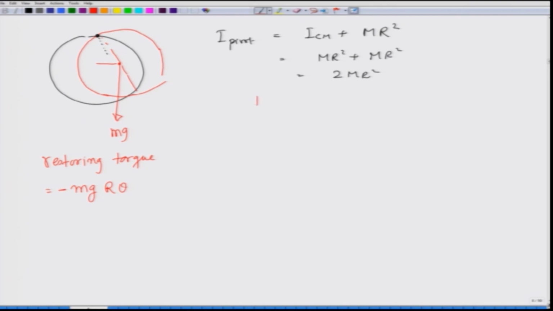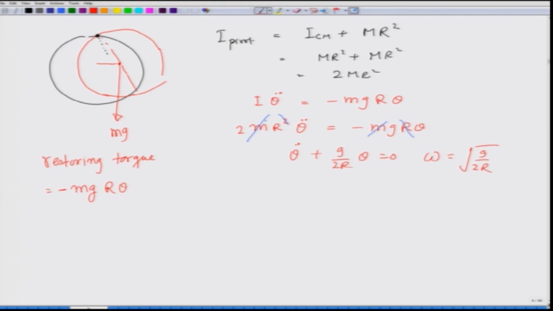So, I am going to have I theta double dot is equal to minus mg r theta. This is 2 m r square theta double dot is equal to minus mg r theta. Let us cancel a few terms. M cancels, one of the r cancels, and therefore, I have theta double dot plus g over 2 r theta is equal to 0. So, omega is equal to square root of g over 2 r.